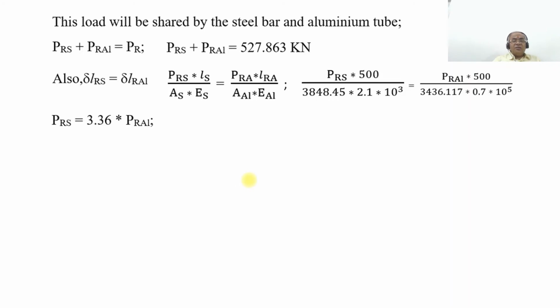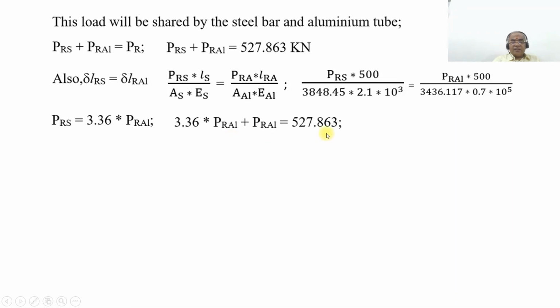On simplification, PRS is 3.36 into PRAL. Substituting PRS as 3.36 PRAL, plus PRAL equals 527.863.